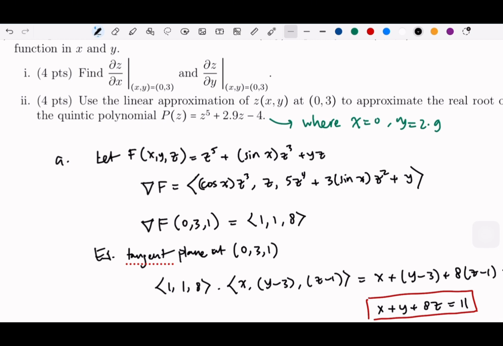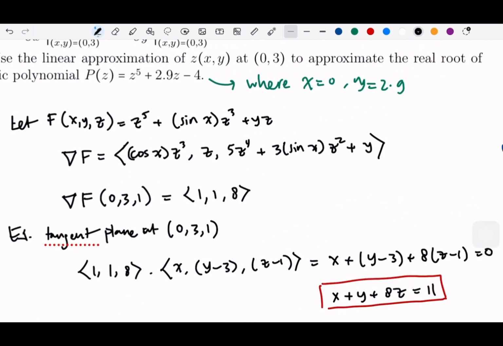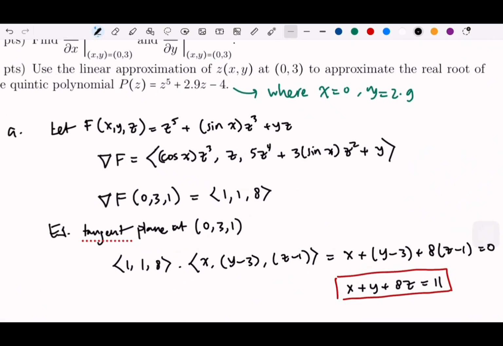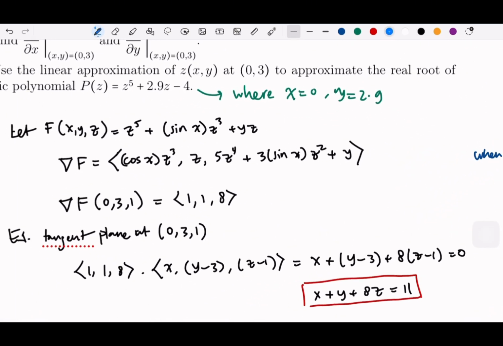I think using the del and then dot with the point is pretty minimal compared with the other way. If we describe the equation, it is going to be described using the partial x times x minus x0, plus partial y times y minus y0, and plus partial z times z minus z0, equals 0.